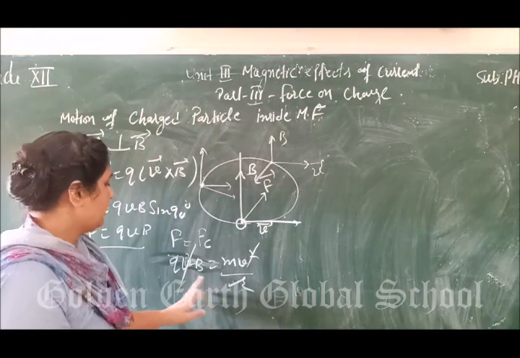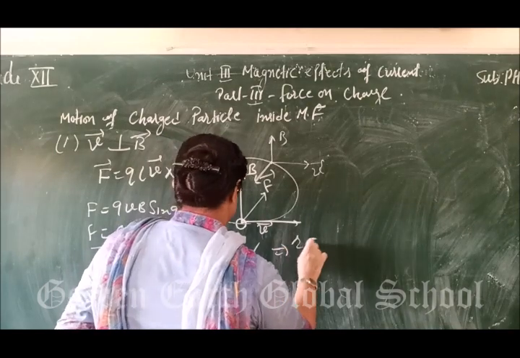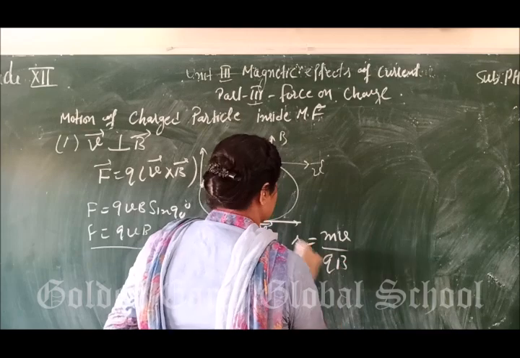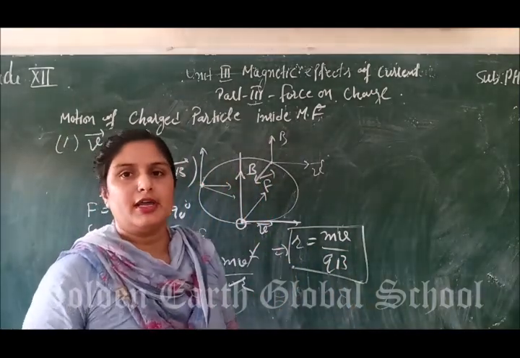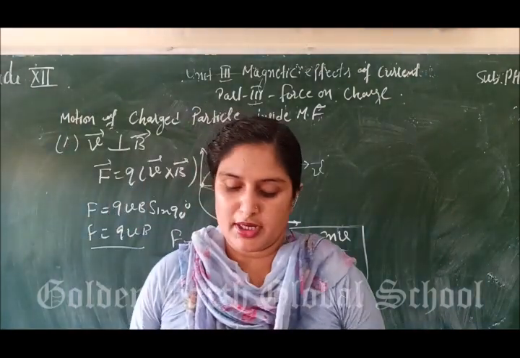R is equal to mv upon QB. This is the radius of the circular path that is traversed by the particle while moving perpendicular to the direction of the magnetic field.